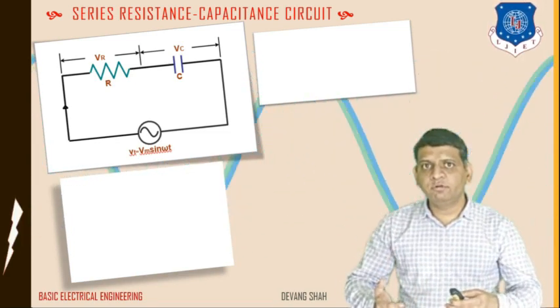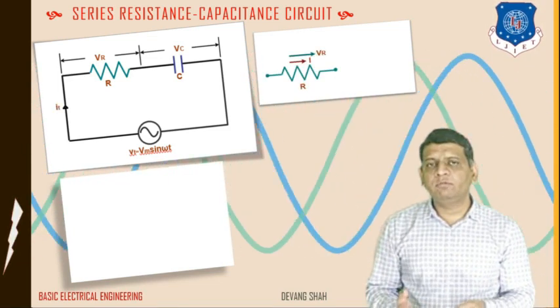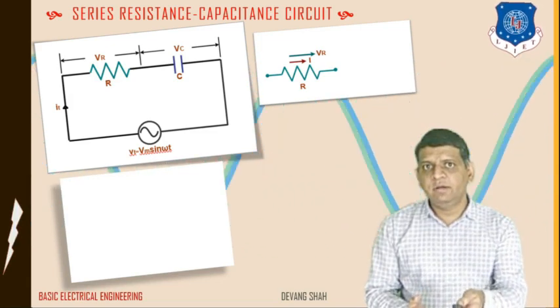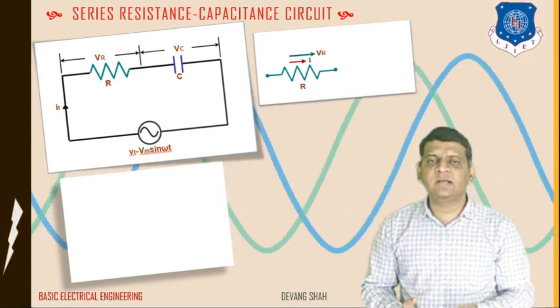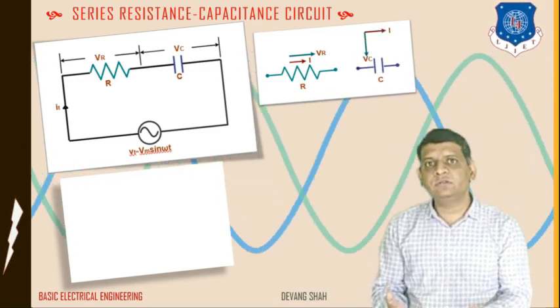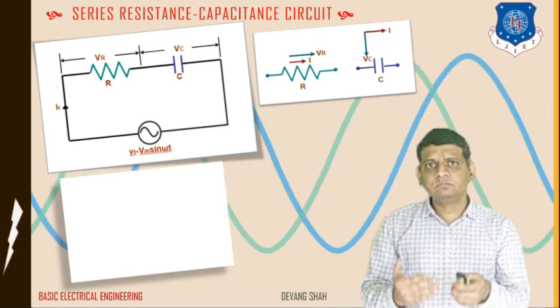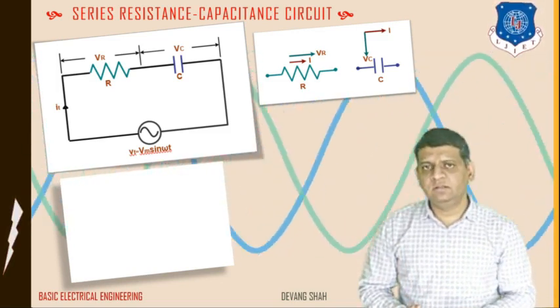Right. Now here further we discuss and take the individual phasor diagram of resistance and capacitor, where for the resistance the phase difference is 0. So both the vectors start at the angle 0. But this is not the case for capacitor. For a capacitor, the current is leading by angle 90, where you can see this diagram.